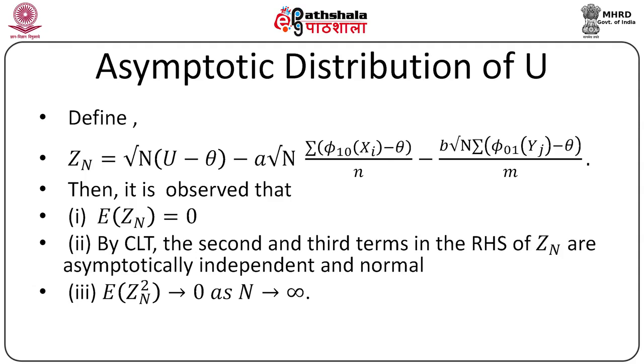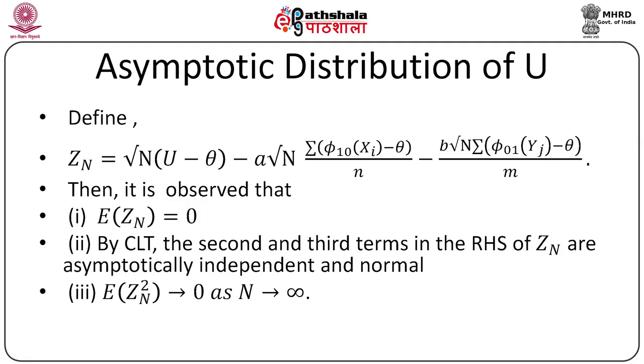Now consider example 3 again, that is, estimation of the difference of two variances. Then with the already derived expressions, as n tends to infinity, square root of n multiplied by U minus theta converges in distribution to normal 0, sigma square, where sigma square is nothing but sigma square 10 by lambda plus sigma square 01 by 1 minus lambda.